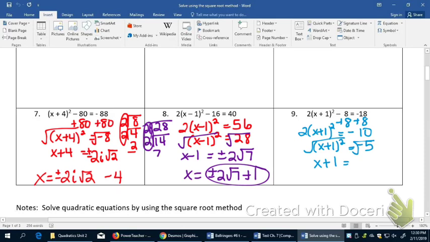Alright, 5 is not something that we can break down. It's not something that we know, so we leave it underneath the square root. Except what we do with the negative, make an i, and don't forget the plus or minus. Then you subtract 1 on both sides. And then that's the answer.